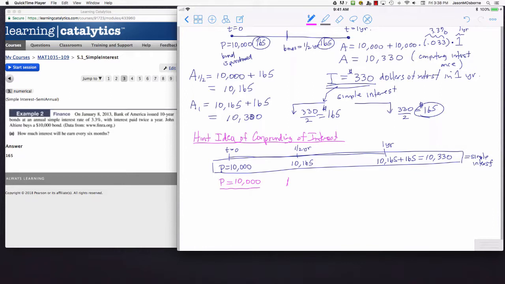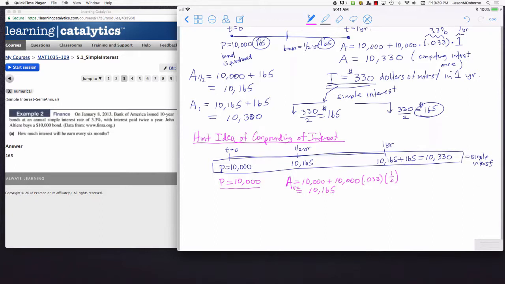The amount in the future is the $10,000 you have presently, plus interest computed once at 3.3% for half of the year, which leads to the same $10,165 as in the simple interest formula. That's the amount you have after half of a year.